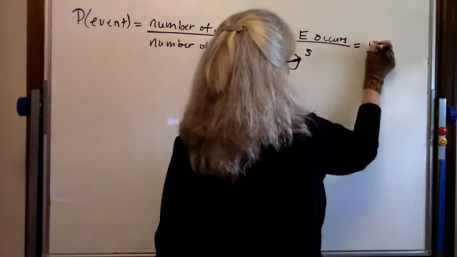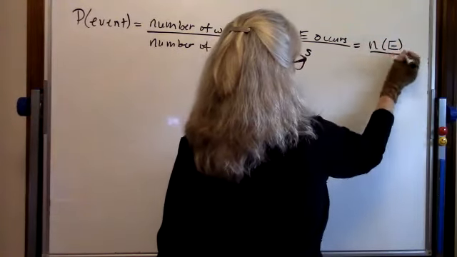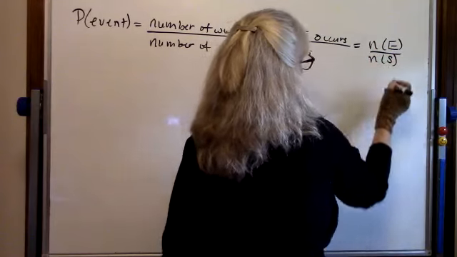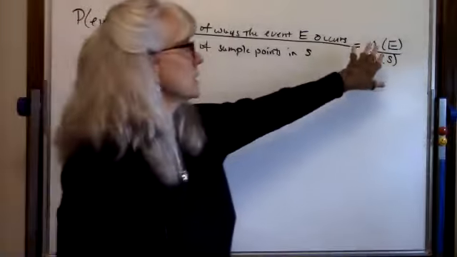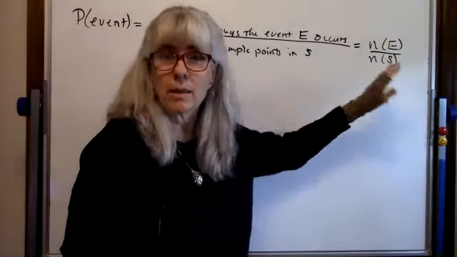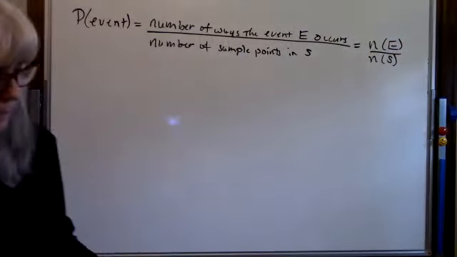So another way of thinking about this is the number of ways that E can happen over the number of ways that S can happen. And that's what we did in the previous example. We looked at each of the individual blood types and divided them by the total number in the sample space.